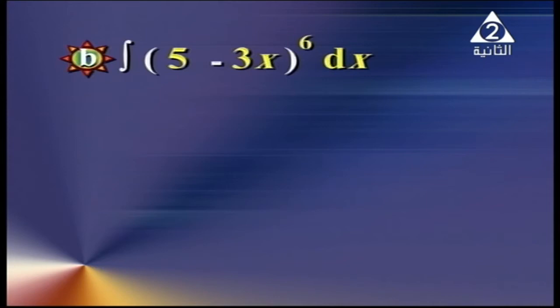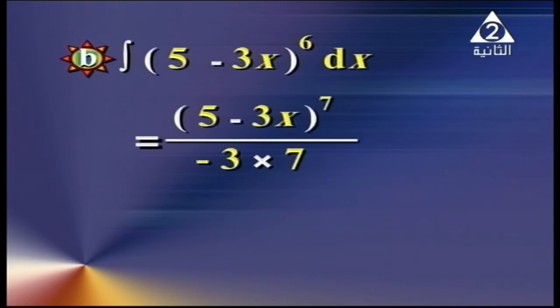What is the integration of bracket contains 5 minus 3x for all power 6 dx? We increase the power. Look at the power 6, increase 1 and divided by the new power, multiply the coefficient of x.